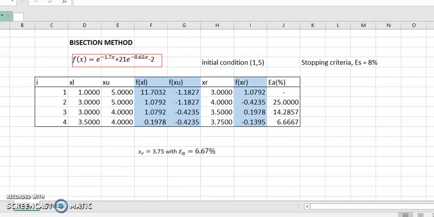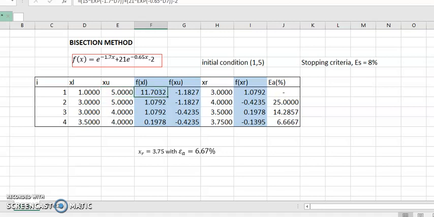So in your table, for the first iteration, this is your XL, XU, and then you must find your f of XL and f of XU. Just substitute these two values into your function f(x).